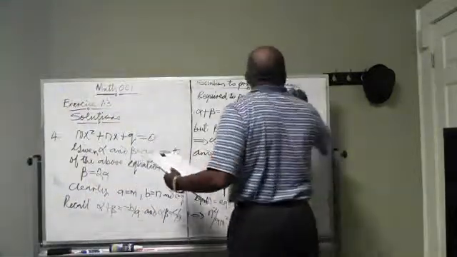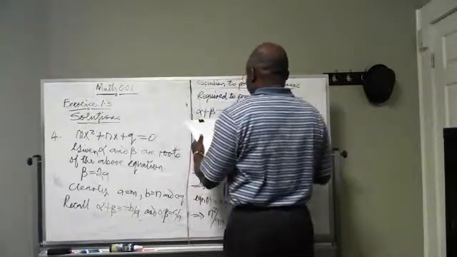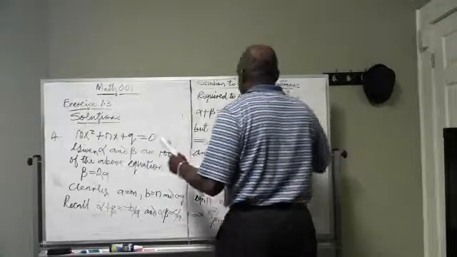Please correct this: 2n squared must be equal to 9m cubed. That's what we are required to prove.